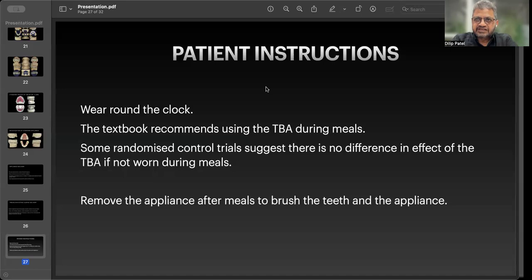Many times, if you cover the incisors, incisor caries can occur, even in the upper posterior area. If the block is not properly cleaned after every meal, there are also chances of decalcification of the upper occlusal surface.